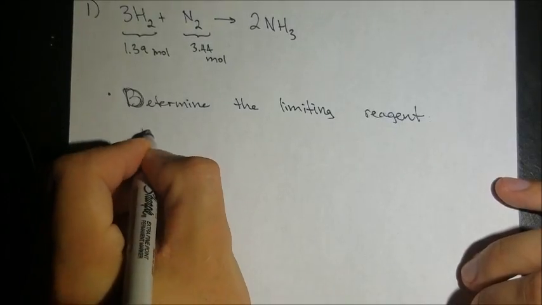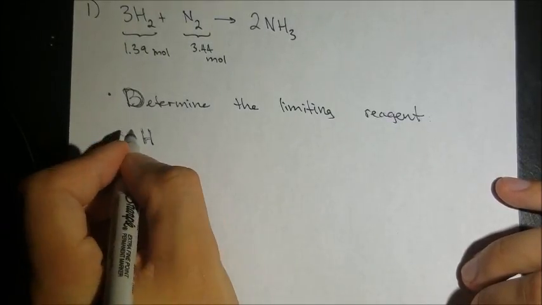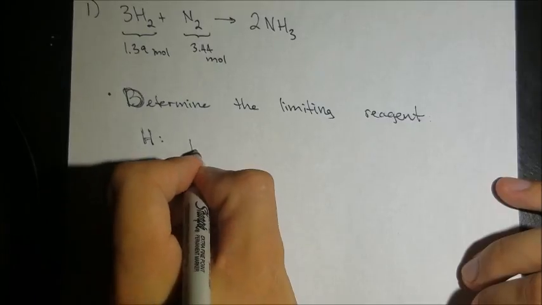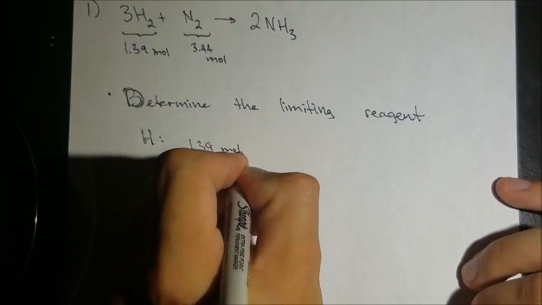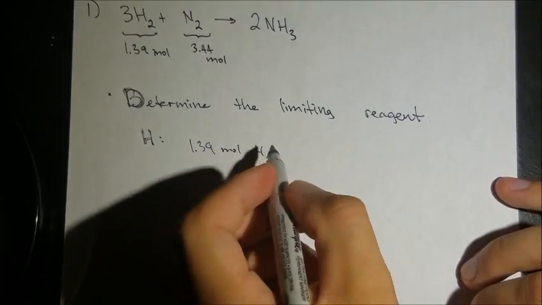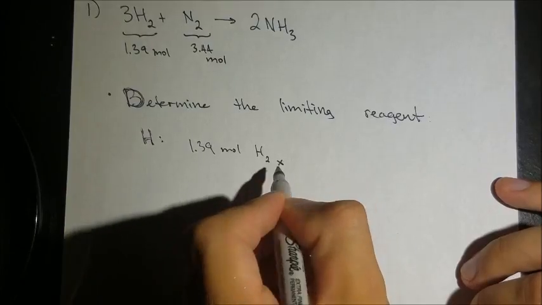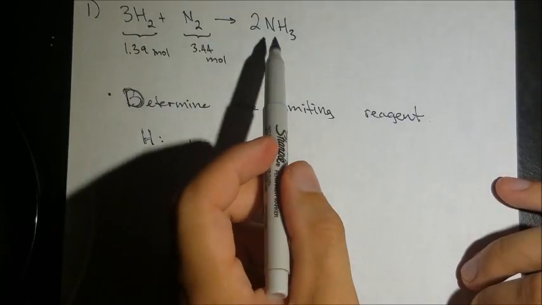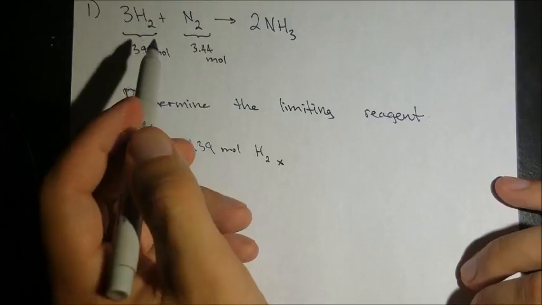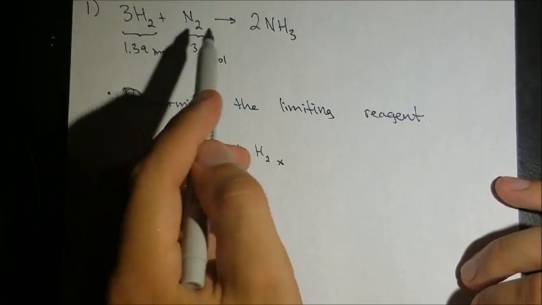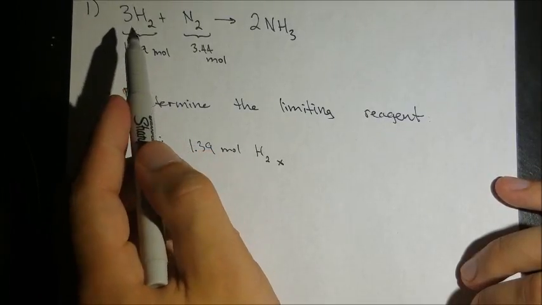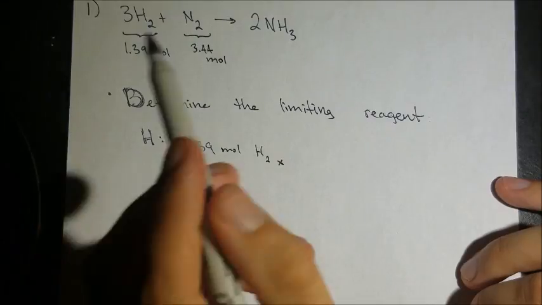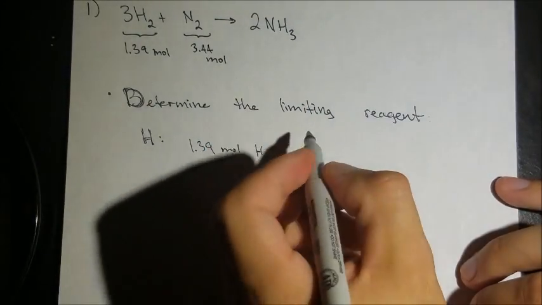So we've got hydrogen here, and we've got 1.39 moles of it. And now we have to figure out how many moles of ammonia do we make. So we use the mole to mole ratio, so we've got 3 moles of hydrogen being consumed to make 2 moles of ammonia.